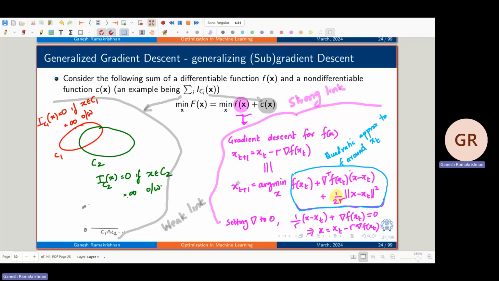This is gradient descent. Okay. Gradient descent update. Yes, anyone? I won't let you go till you answer this question. Very simple idea.